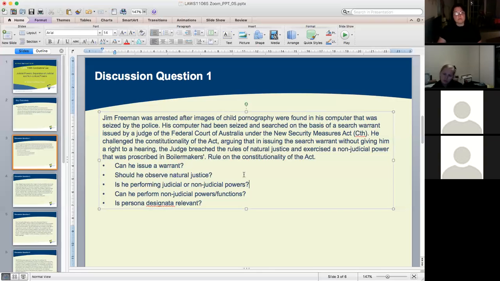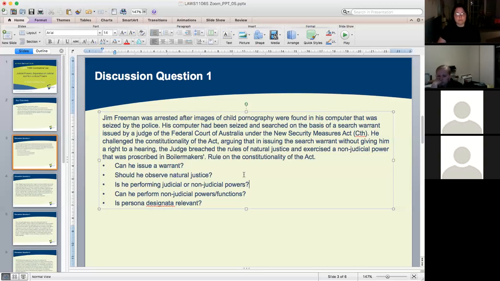Why is that crucial? Because we know that if the federal judge is exercising a non-judicial power, then that is likely to be impermissible according to the Boilermakers case, which says that a federal court or a federal judge should only be exercising judicial powers. Okay?